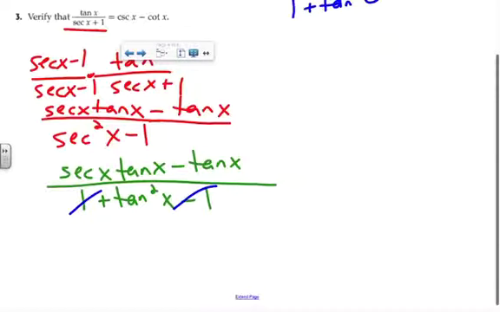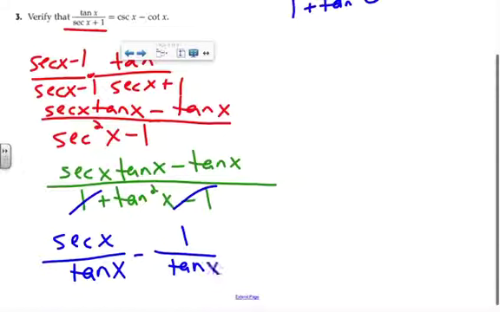These cancel out, and let's take this fraction and break it up a little bit. So now I'm going to have secant x over tangent x, because I have the tangents reducing, and then minus 1 over the tangent x, again, because they're reducing.